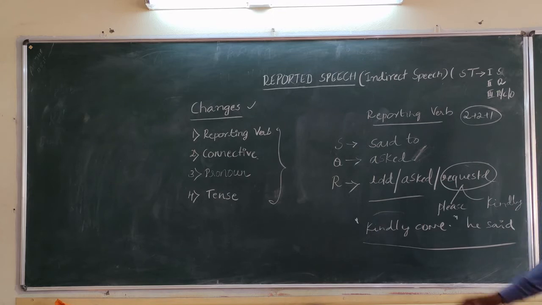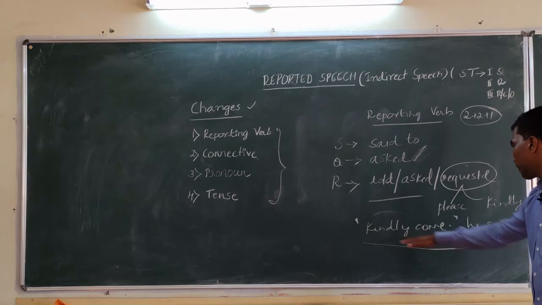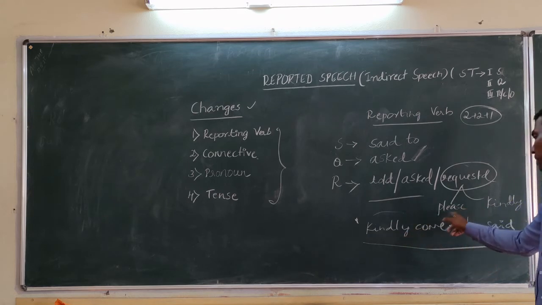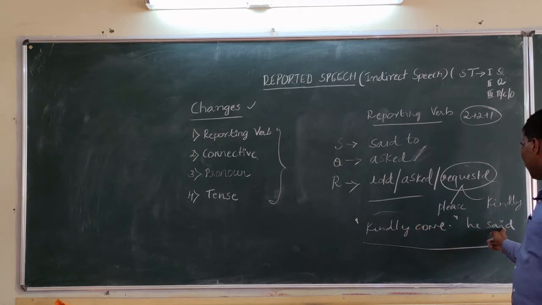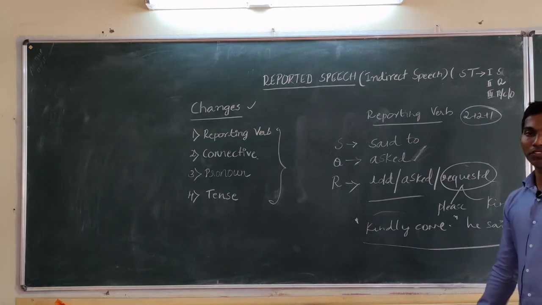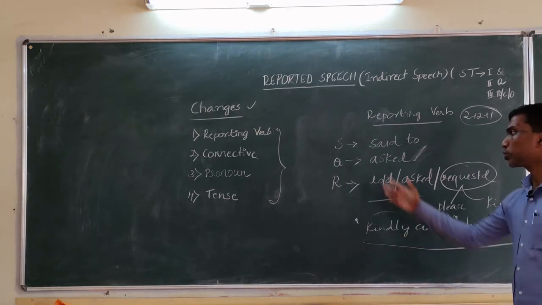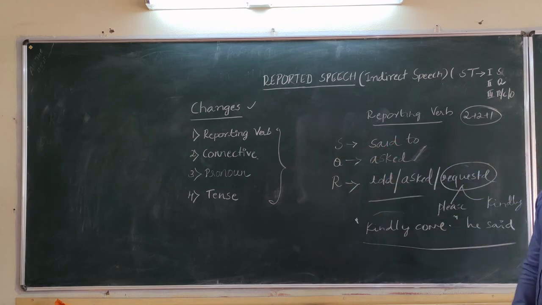That's why here it's not asked, it's not told, because of the presence of one of these words, please or kindly. It is requested. He said has become he requested, and later other things will take care of themselves. But this is an example to show how a reporting verb should be used according to the sentence type.